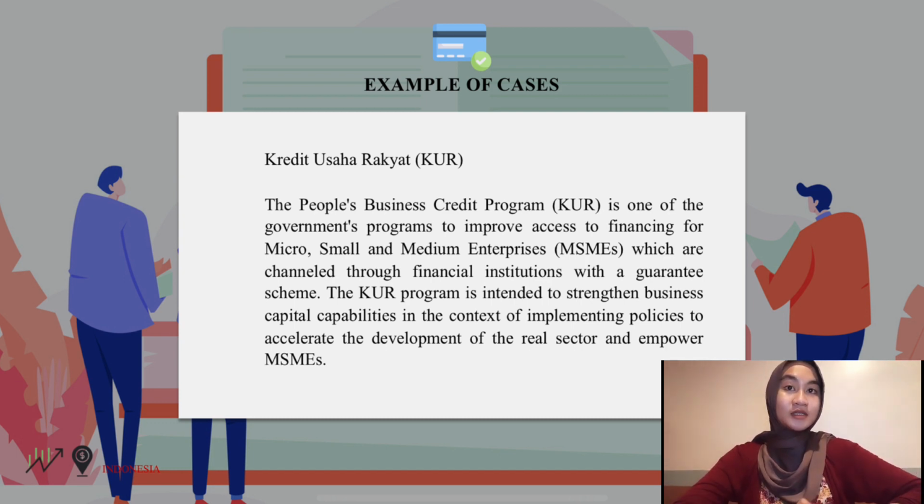The People's Business Credit Program is one of the government programs to improve access to financing for micro, small, and medium enterprises or MSMEs, which are channeled through financial institutions with a guarantee scheme. The program is intended to strengthen business capital capabilities in the context of implementing policies to accelerate the development of the real sector and empower MSMEs.